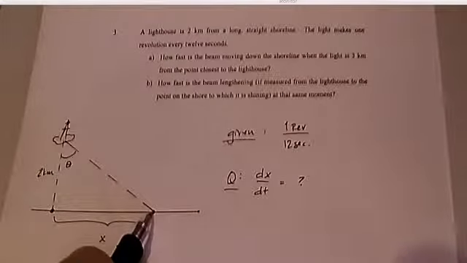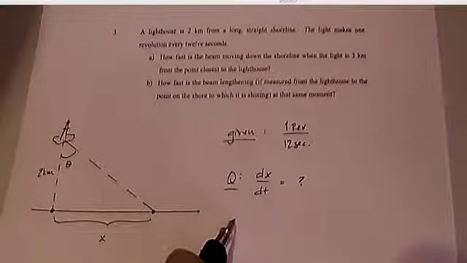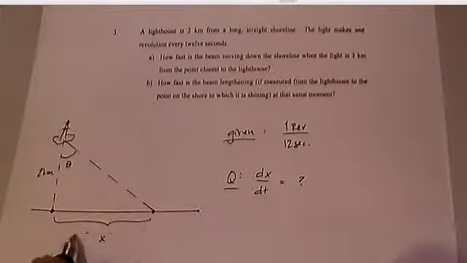Like, what is the lateral movement of the point at which the light beam hits the shoreline? How fast is it moving this way or that way? It doesn't really matter either way. When x is equal to 3 is, of course, my conditional. So, how fast is the beam moving down the shoreline?